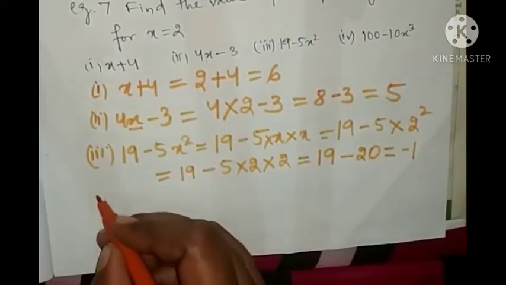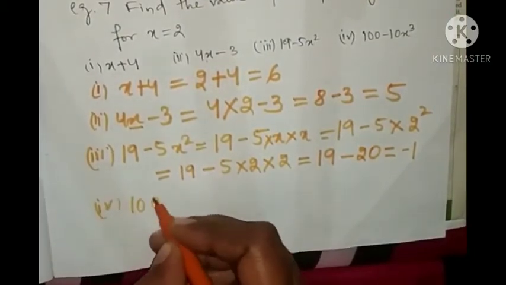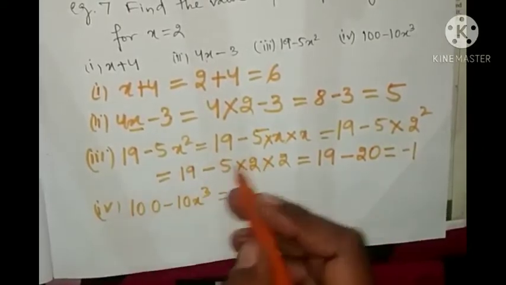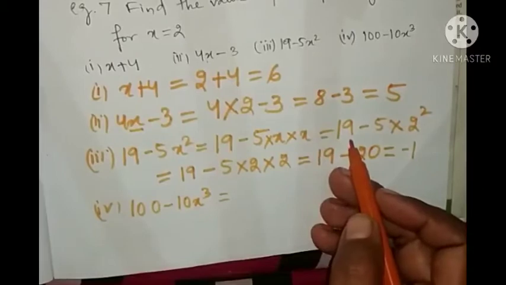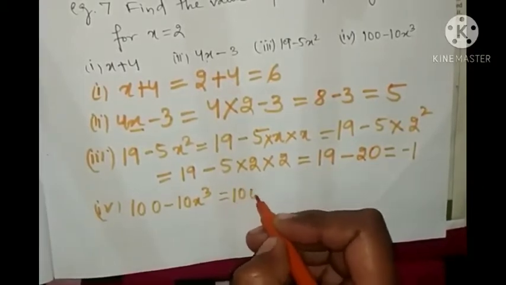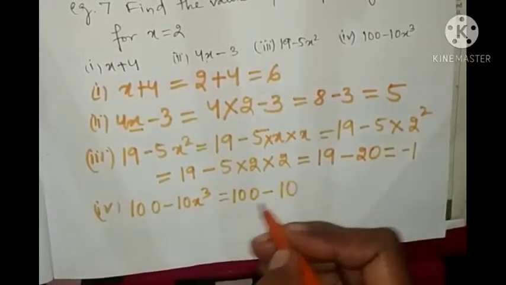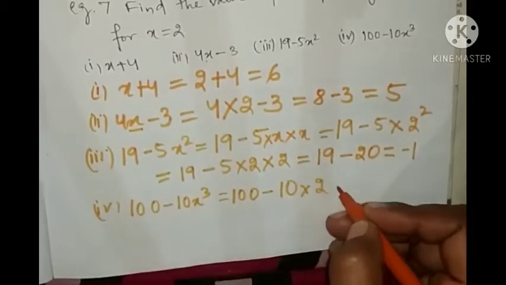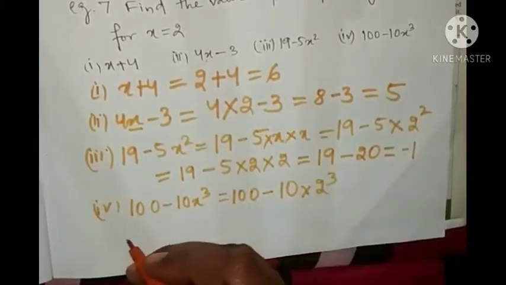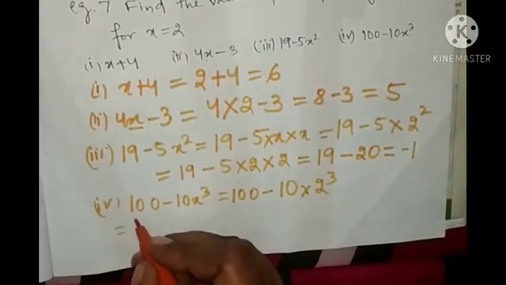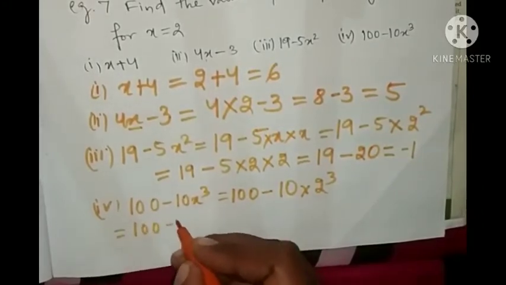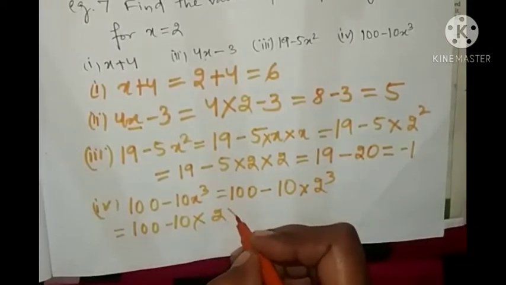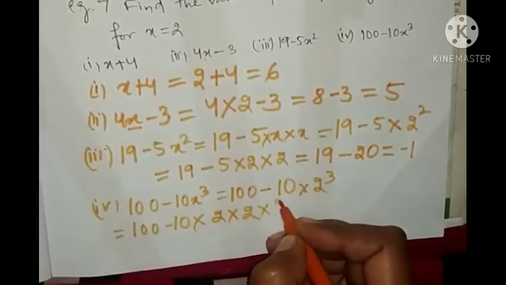Next is number 4. 100 minus 10x cube. Means the same thing you will do. How have you done it like this? Okay. So 100 minus 10x, x is how much? 2. So put 2 cube, equal to 100 minus 10 into 2 cube, means 2 into 2 into 2.